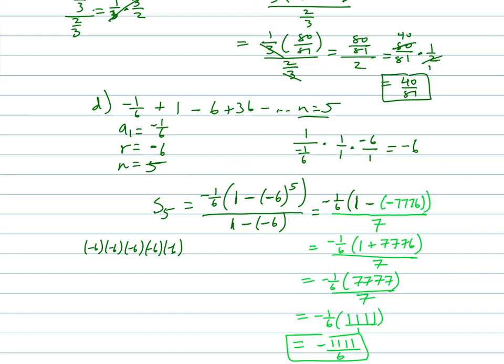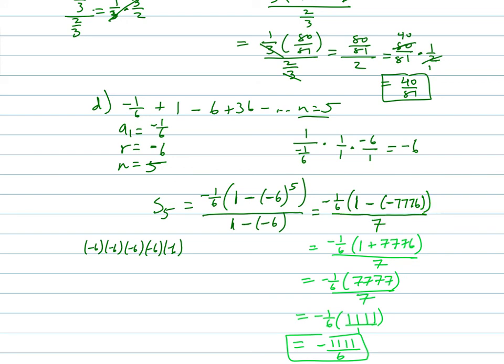I think actually I'm going to bust out the calculator for this one. So negative 6 to the fifth power is going to give us minus 7776.